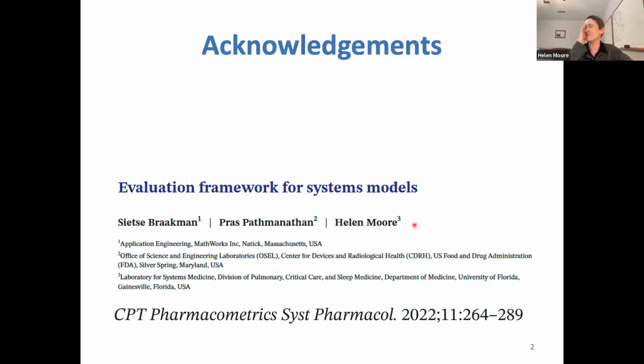The origin story of this is that Sitze and I were working together on some projects when I was at a company, and he was at MathWorks at the time, helping with some MATLAB and SimBiology applications. But I had this idea, and so we started working together on a kind of analysis and a manuscript, and it completely changed directions, like 180 degrees from what I had originally proposed to him.